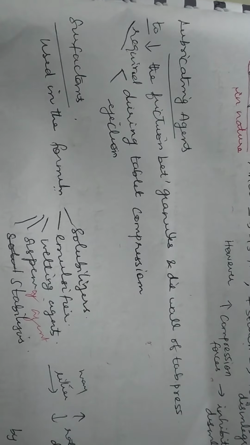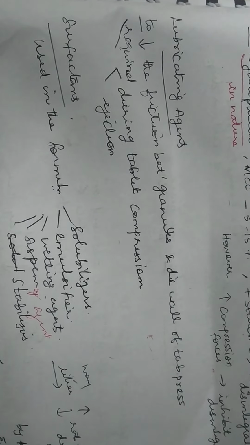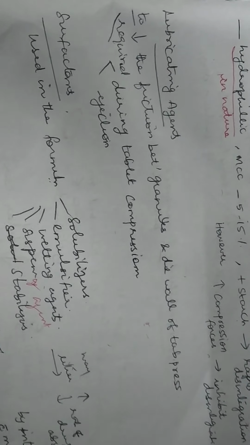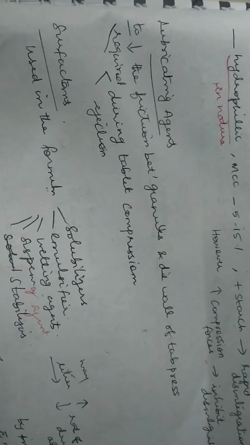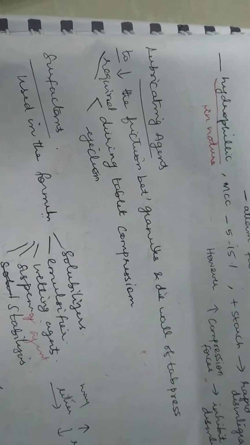The next excipient used is the lubricating agent. The lubricating agent reduces the friction between the granules and the die walls of the tablet press. The die is where we add the powder mass, the granules, and after that we compress them into a tablet, right?